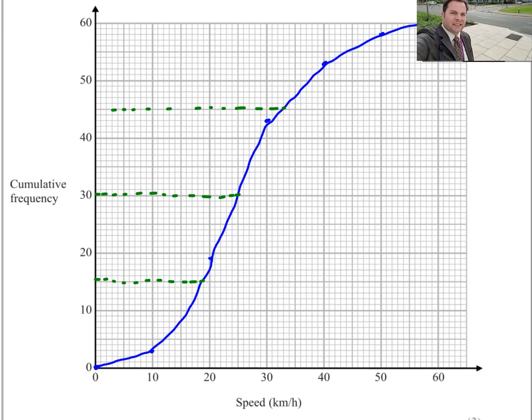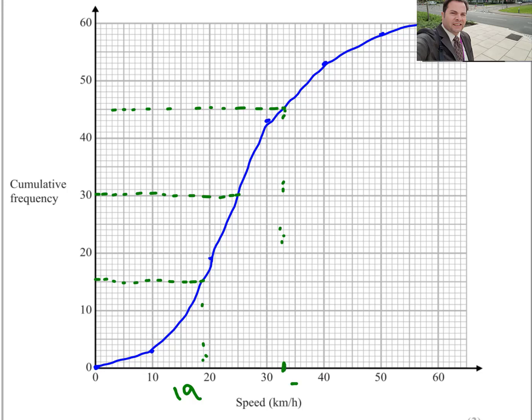So the value of Q1, I see it here, is 19. Q1 is 19, and Q3, I saw it here, it's better to use your ruler.